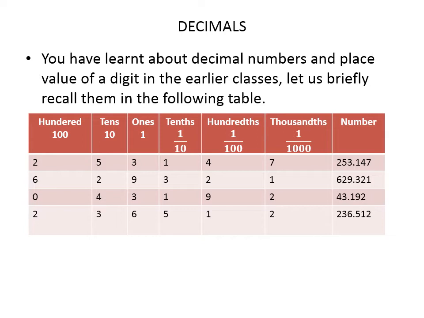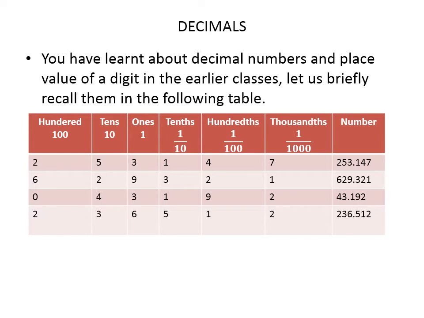Now one more example we take. I start from the ones place or units place. Here the digit at the ones place is 9, at tens place is 2 and hundreds place is 6, and at tenths place is 3, hundredths place is 2 and at thousandths place is 1.